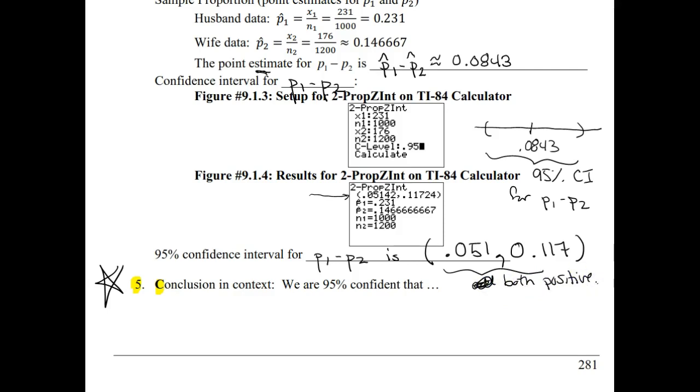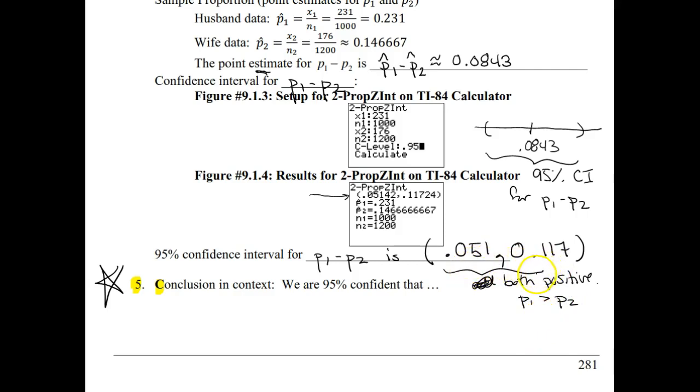This goes back to the money example where I had $10 and you had $4. 10 minus 4 is 6. That 6 doesn't represent how much money I have, and it doesn't represent how much money you have. It was the difference between them. Because it was positive, it meant I had $6 more than you did. 10 is 6 more than 4. So in this case, this tells me that P1 is bigger than P2, because these are both positive, by an amount in this interval.